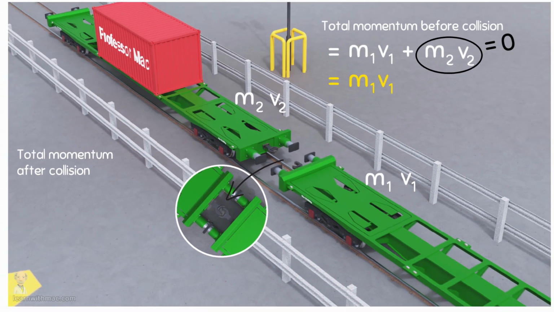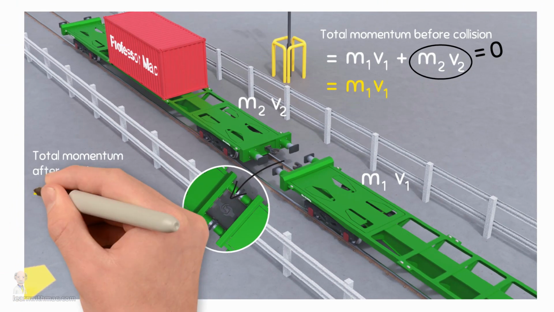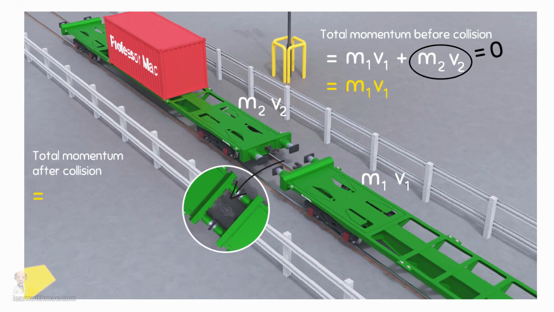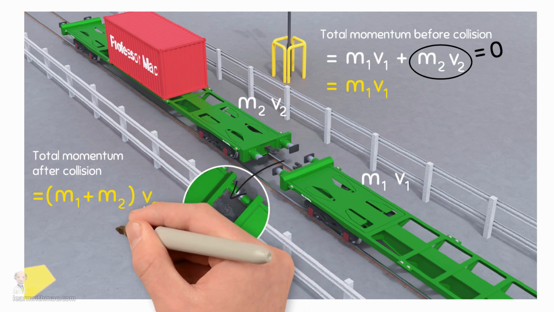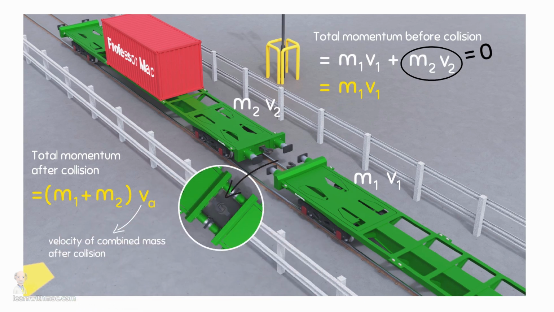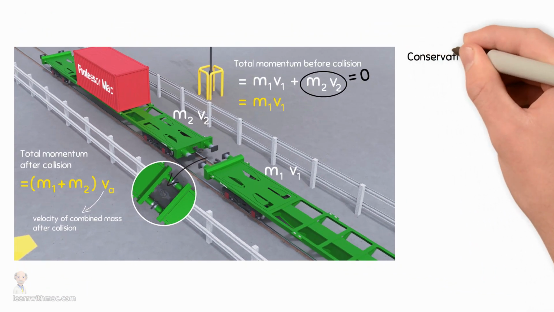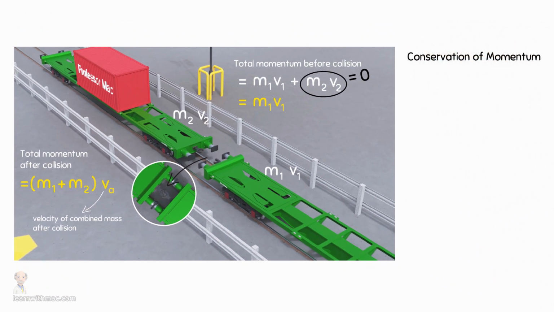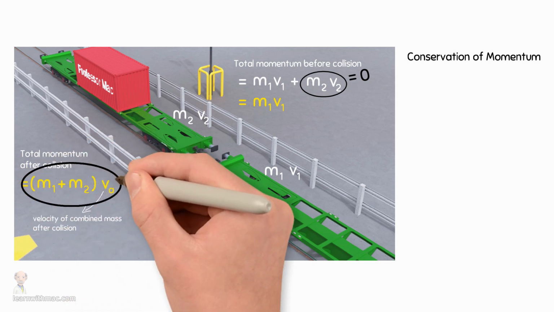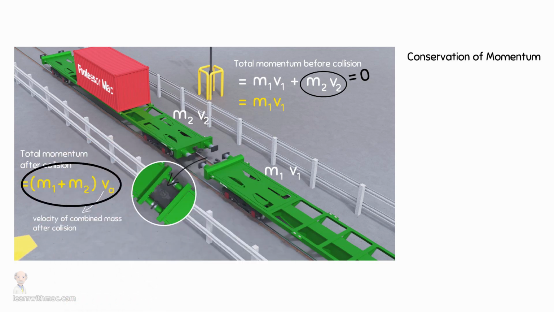So the momentum of the objects after the collision equals the mass of the unloaded wagon m1 plus the mass of the loaded wagon m2 times the velocity of the combined mass of both wagons, which we will represent as VA for the velocity after collision. The conservation of momentum tells us that the total momentum after the collision is the same as the total momentum before the collision.